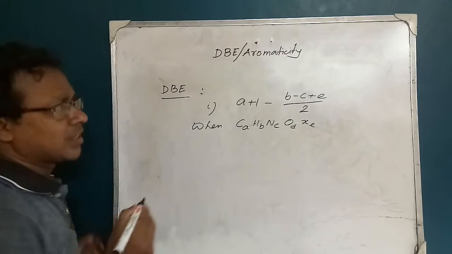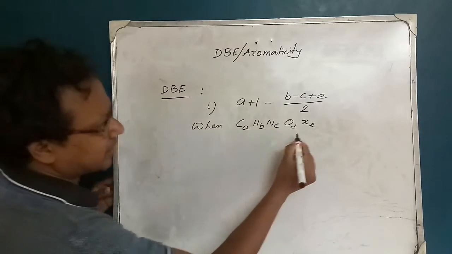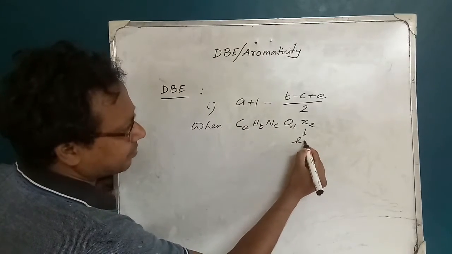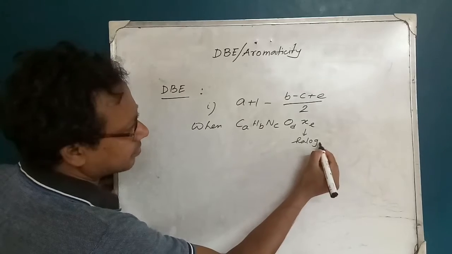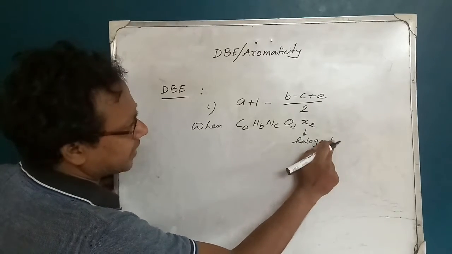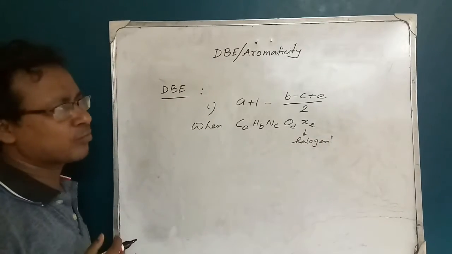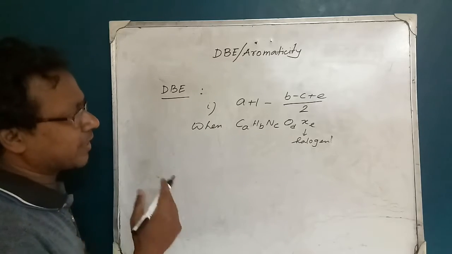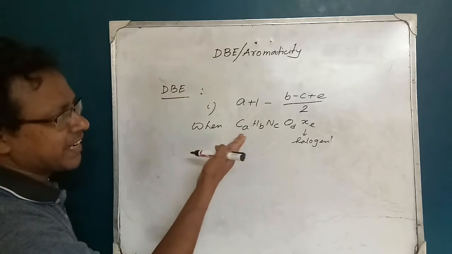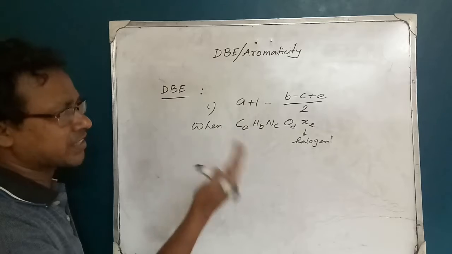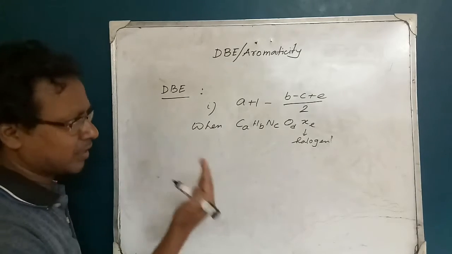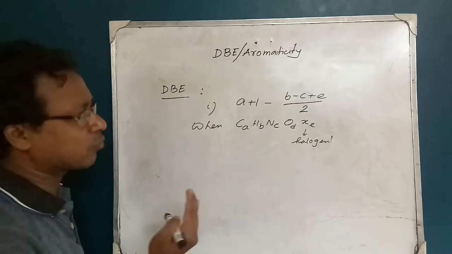Here X means halogen. That is the first formula. Suppose a compound is C8H9ClO, I will show how it is calculated.